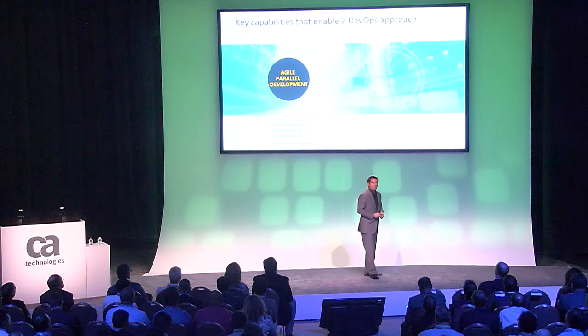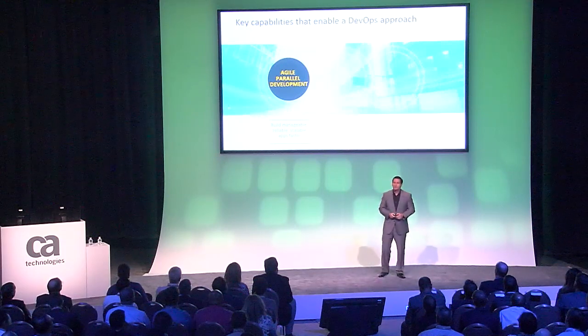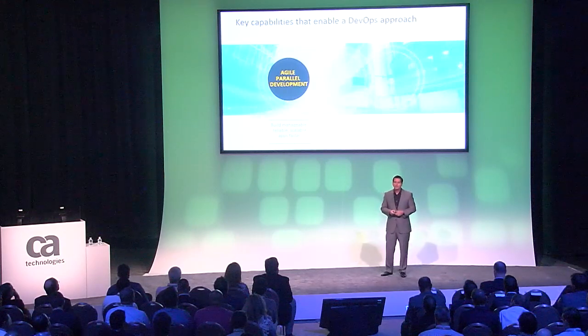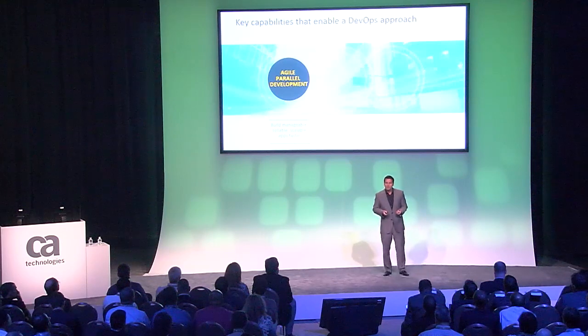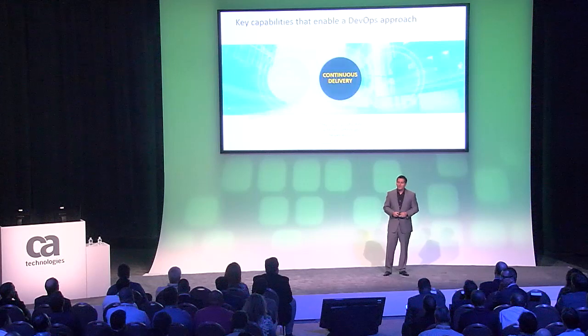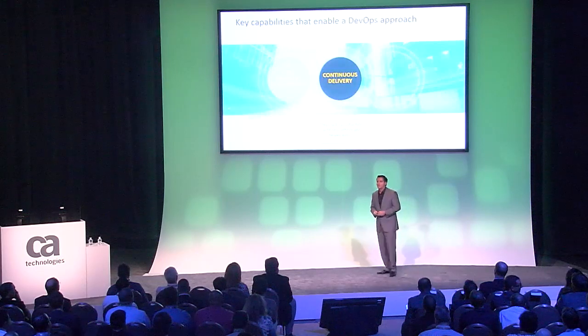All right, first up is Agile Parallel Development. Now, like the name implies, this is all about providing the necessary tools for developers and testers to rapidly develop and get apps to market faster. Second is continuous delivery.